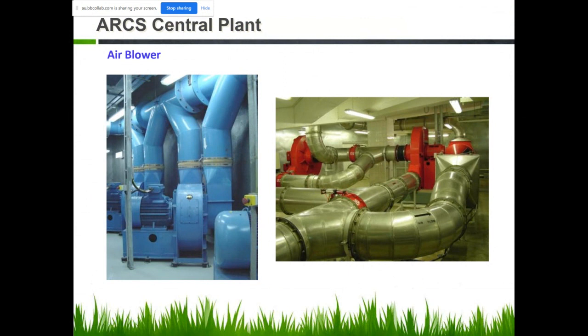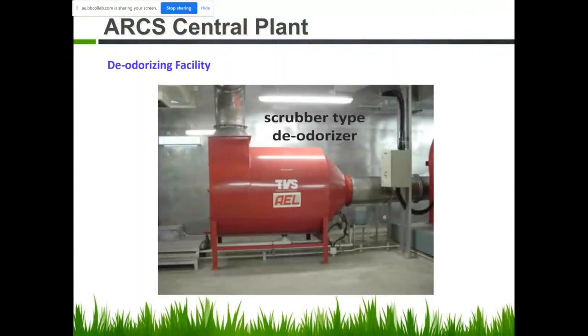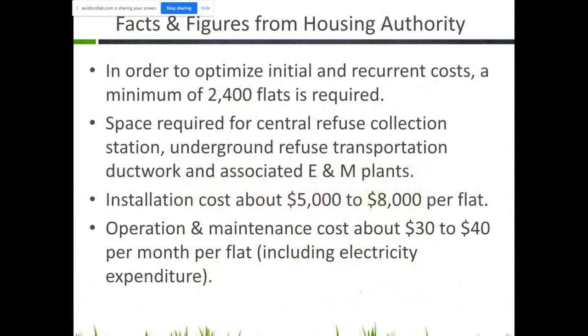So in most cases, as I mentioned, this plant will be located on the ground floor or car park. And this is the scrubber tower, the deodorizer, which absorbs or decomposes the smell, H2S or whatever.